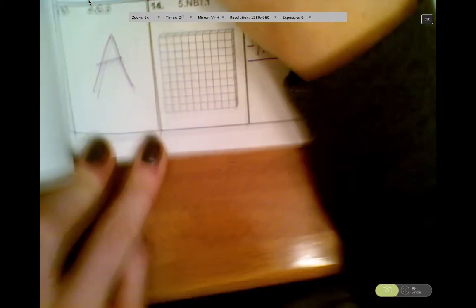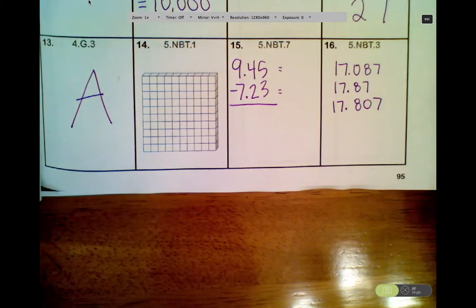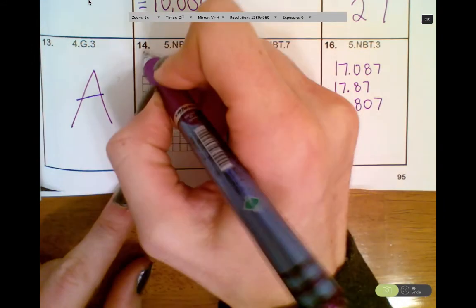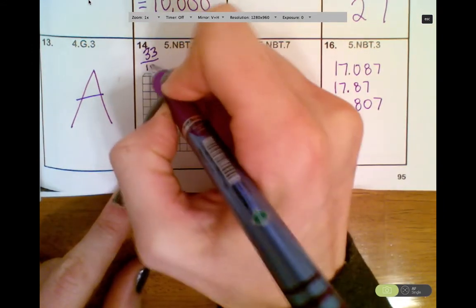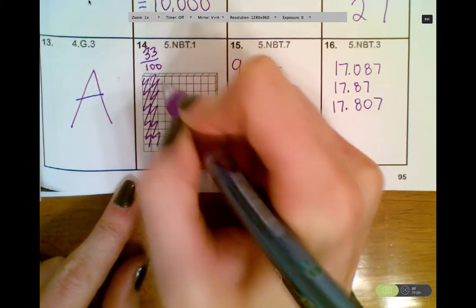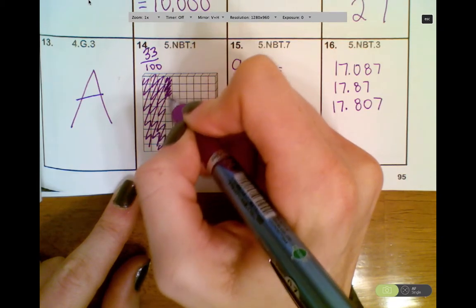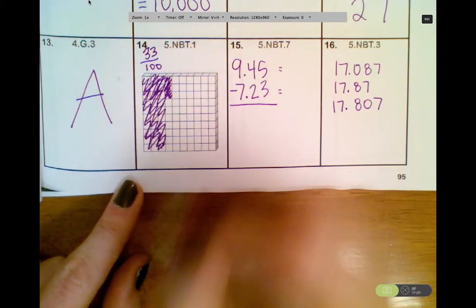Number 14, shade in the fraction model 33 over 100. So I'll shade in 3 columns and then 3 more squares to be 33.